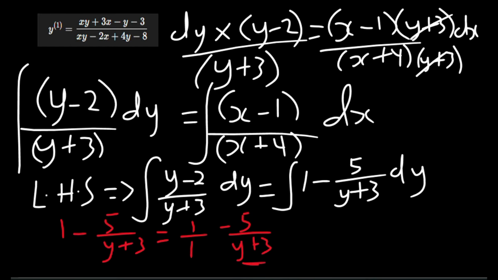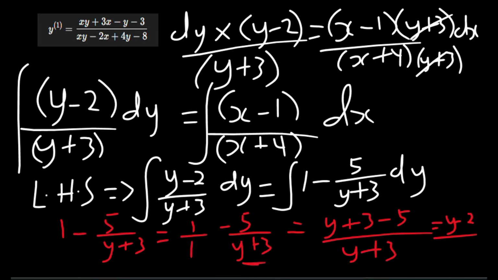So when we do that with the LCM, we are going to get y plus 3 for the numerator, plus minus 5, over our denominator, which is the LCM, y plus 3. Now we know that when we have plus 3 and minus 5, we get minus 2. So we are going to get y minus 2 over y plus 3.